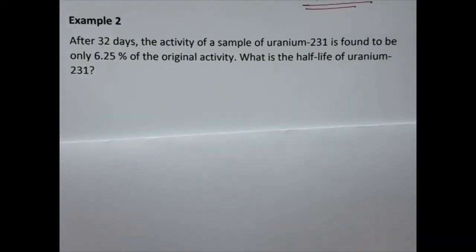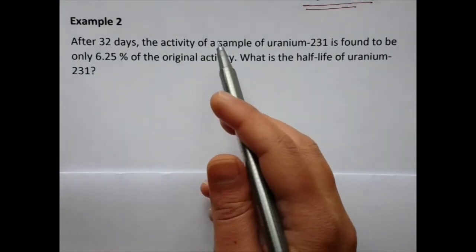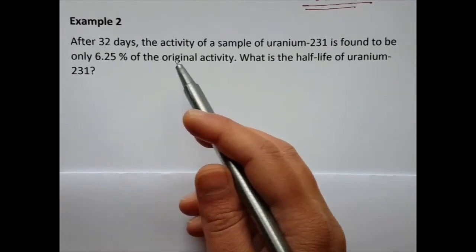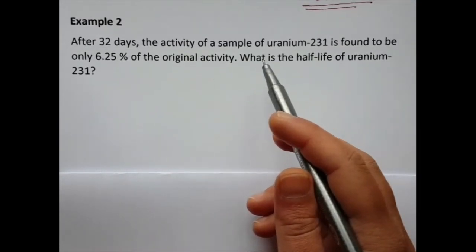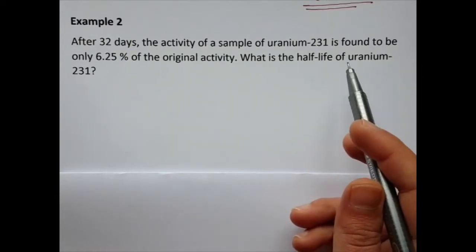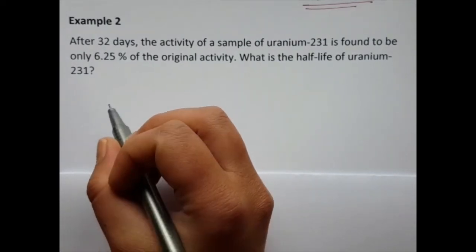So example 2 says, after 32 days, the activity of a sample of uranium-231 is found to be only 6.25% of the original activity. What is the half-life of uranium-231? So this time we aren't given the half-life, but we're going to go through exactly the same process in terms of our working.